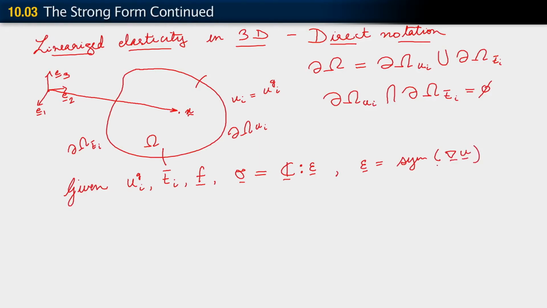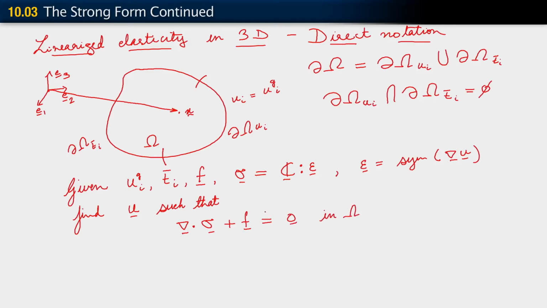given all of this, find u such that we have divergence of sigma plus F equals a zero vector in omega.